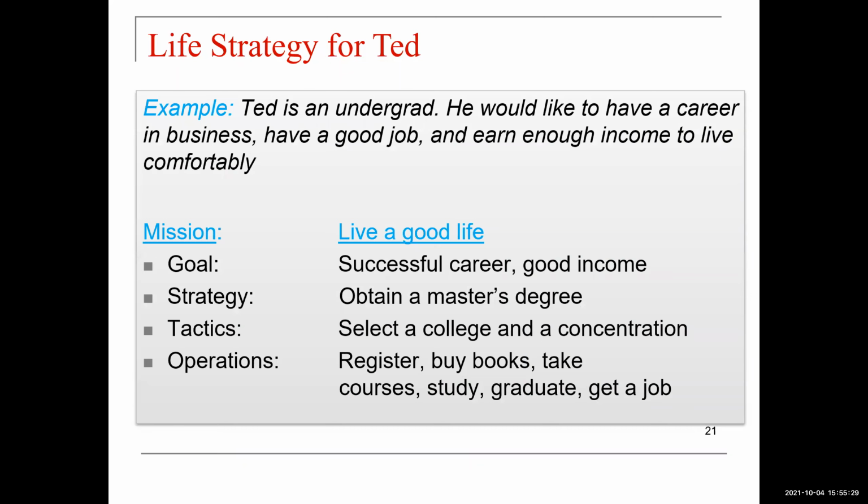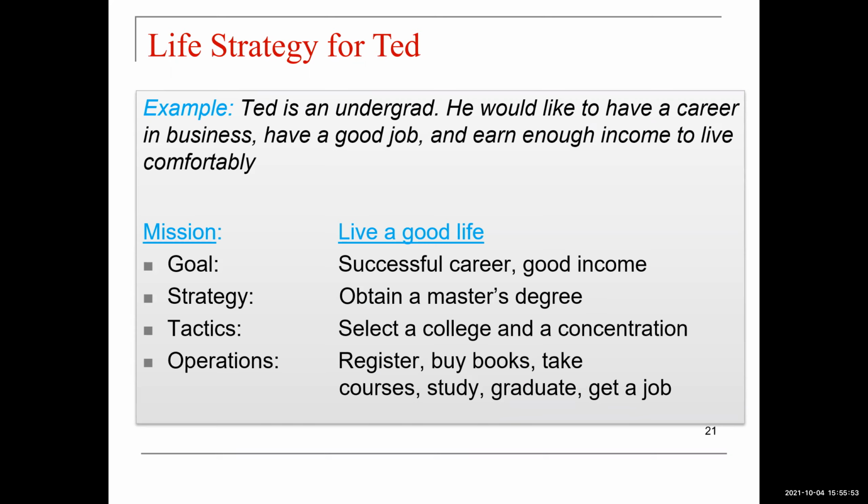So if we look from the point of view of a student, we have an undergrad whose life strategy would be to have a career in business, have a good job, and earn enough income to live comfortably. We can split this mission into four areas: the goal, the strategy, the tactics, and the operations.